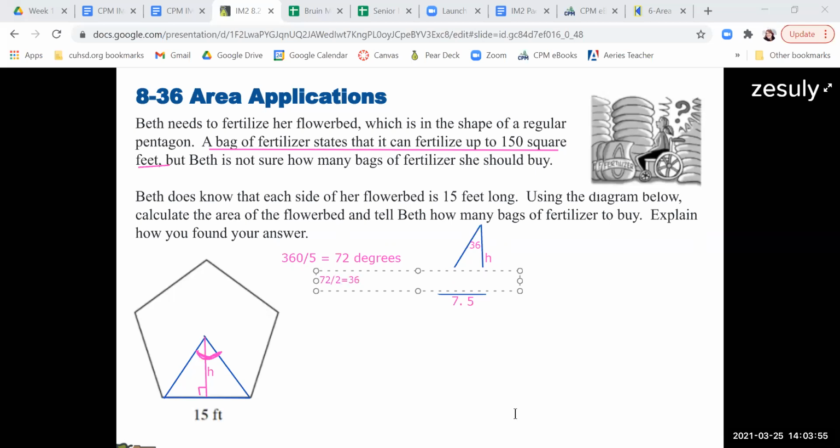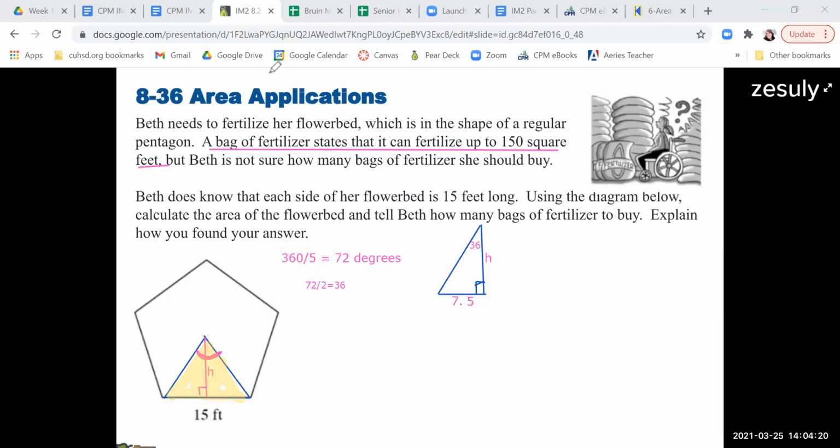That's where this comes from, okay? All right, so now I'm going to use trig to find h. And once I have h, I go back to my original diagram and find the area of that triangle. Because really the goal is eventually to find the area of this whole thing so that we can then times by 5 and have the area of the whole diagram.